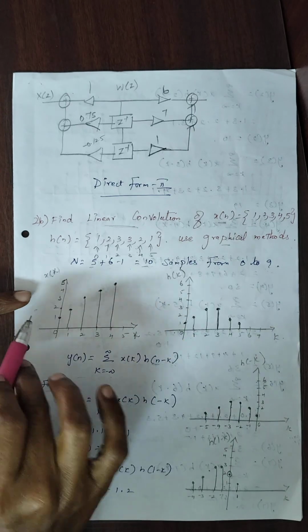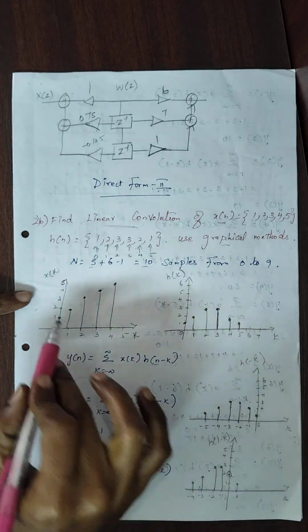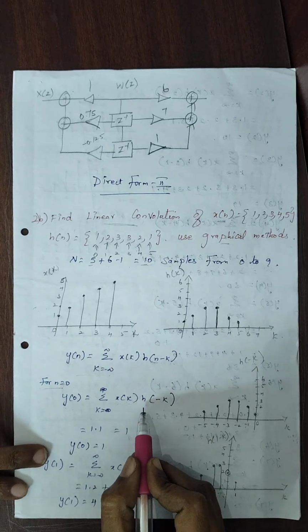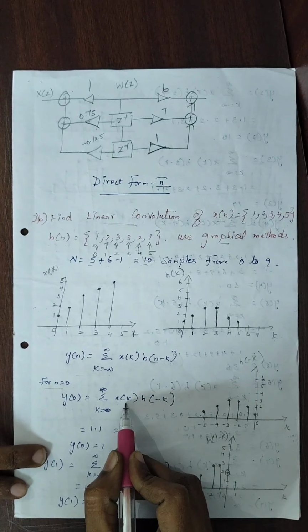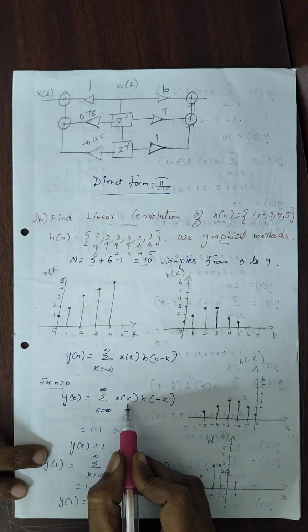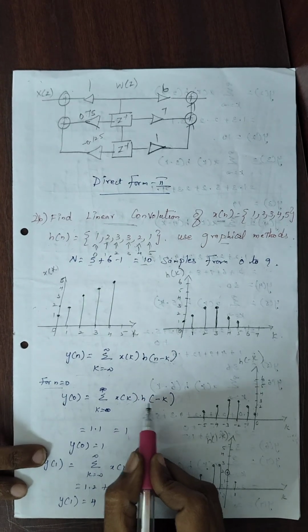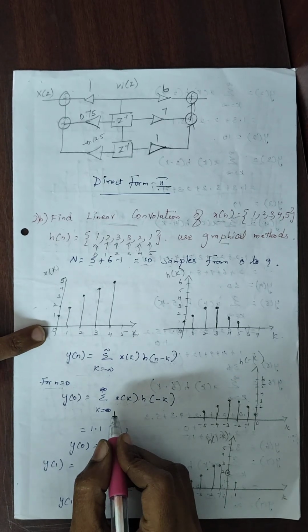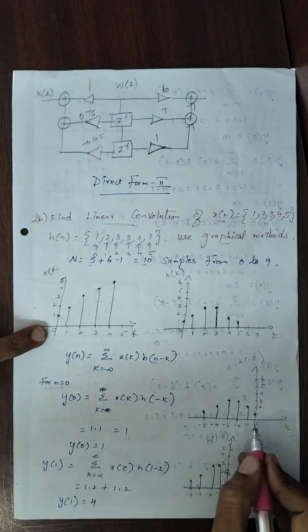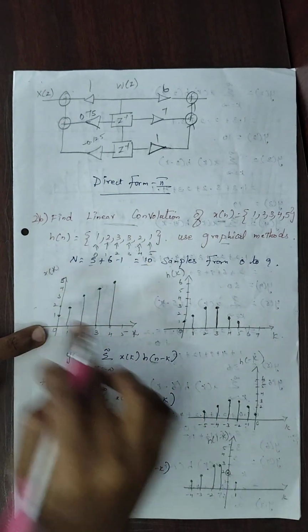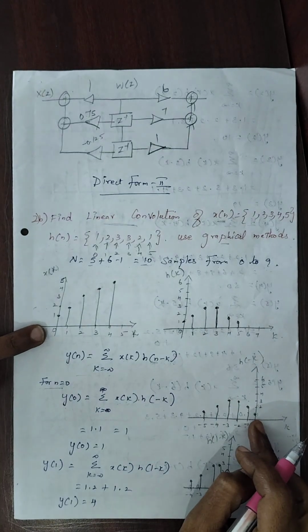Now we know h of minus k and x of k. Multiply both: x of k dot h of minus k. Here the values start from 0 and here also from 0. Compare x of k and h of minus k.